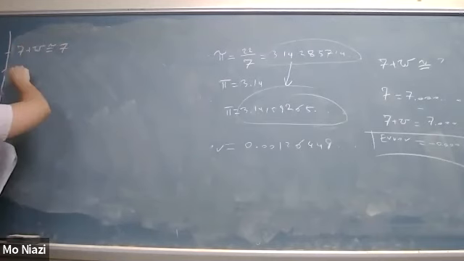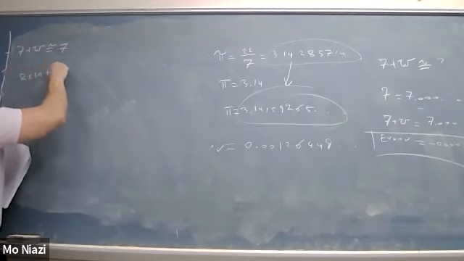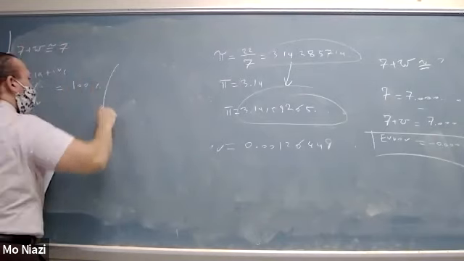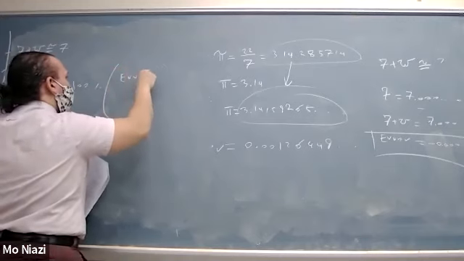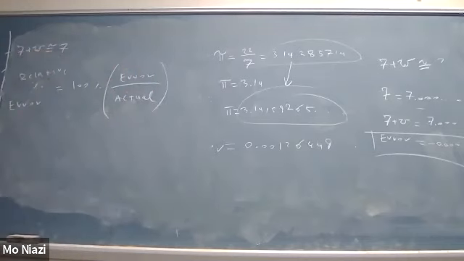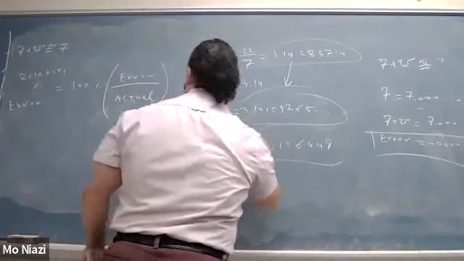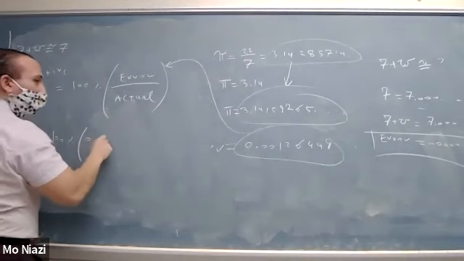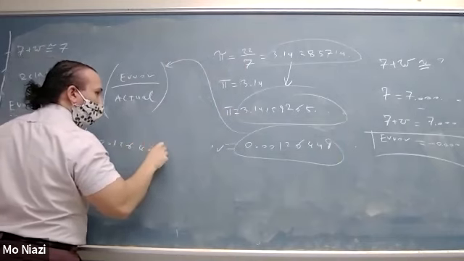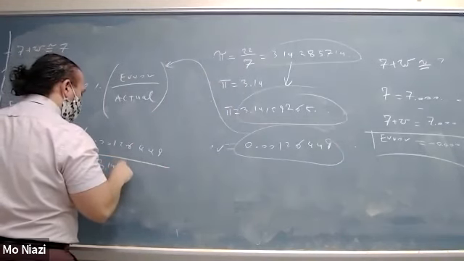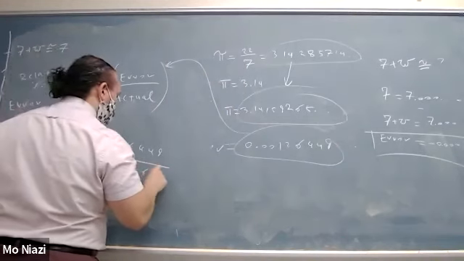So what is relative percent error? It's 100% times your error divided by the actual value. So the relative percent error here with the pi stuff would be 100% times that 0.00126449 divided by the actual value, 3.14159265.